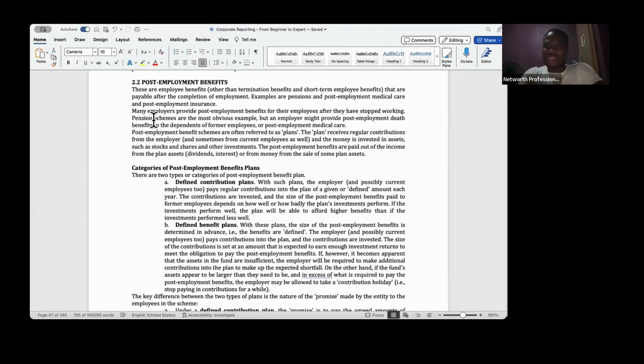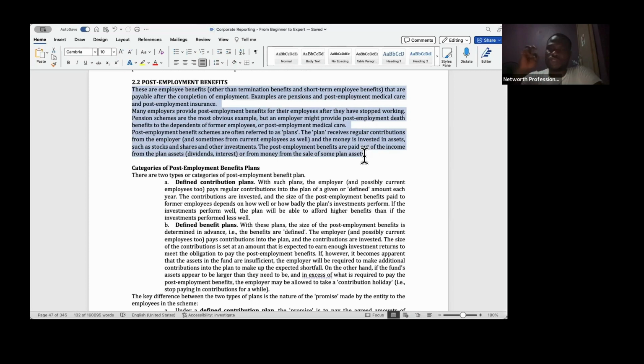All the questions ICAN has asked on IAS 19 have always been on this one, so focus. What this is speaking to is two things. Number one, post-employment benefit is paid at retirement, at completion of employment.